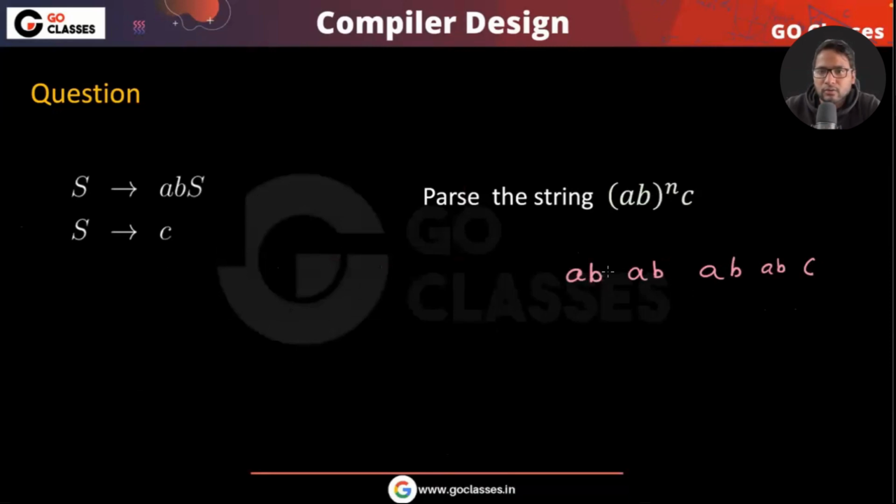Now let's suppose this is in the stack. What should you do, shift or reduce? If that is the current stack configuration, what should you do? You should shift, right? Obviously you can't reduce to anything, so you should shift. No chance to reduce.